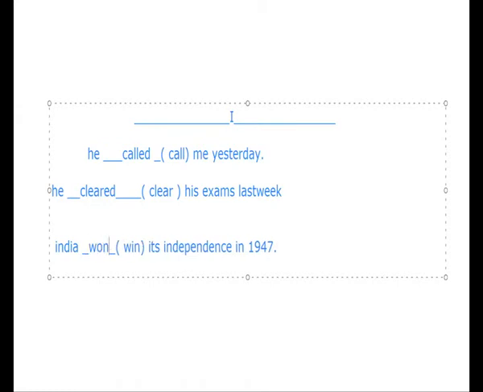Won. That's it. And generally, understand there is a difference between spoken English and written English. In spoken English, most of the time the timing is understood, implied. I don't every time say, last week I cleared my exams, yesterday I called you. Simply I say, I called you. It means some past that is understood between you and me.